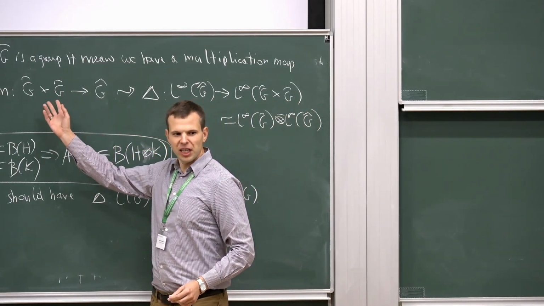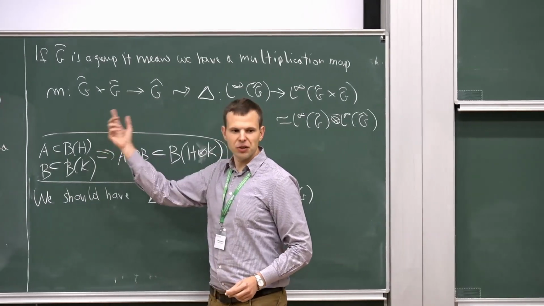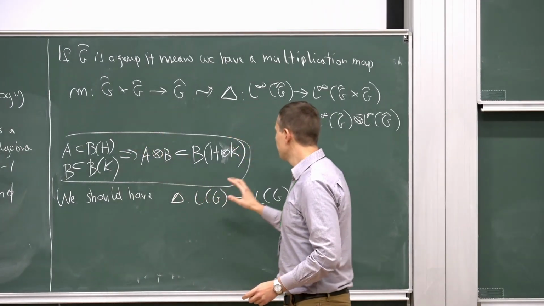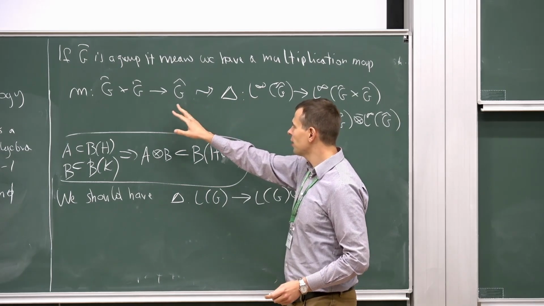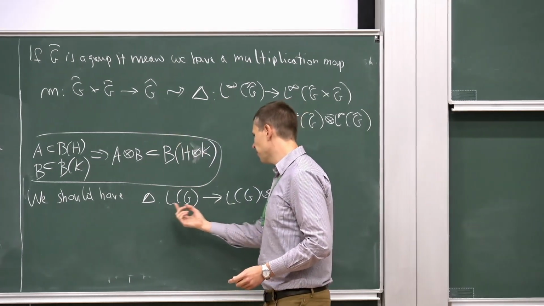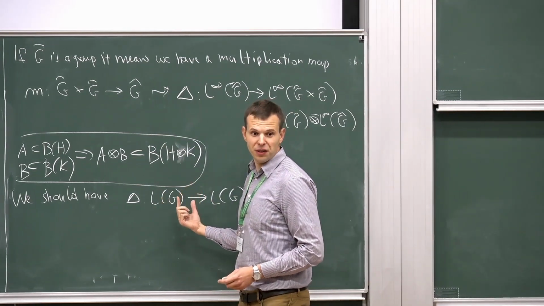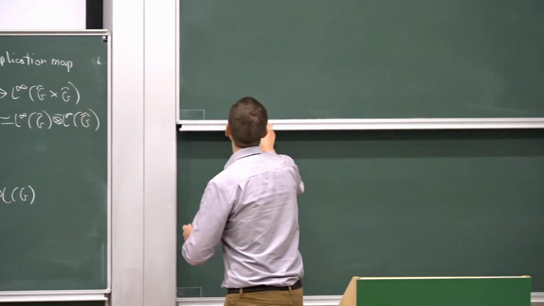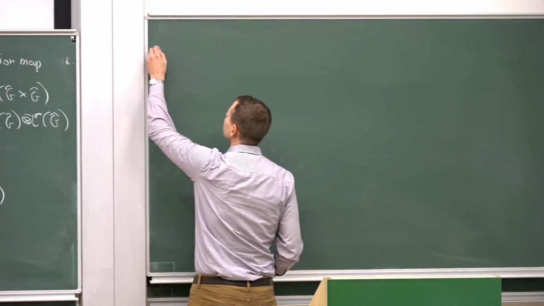It's not just any map from the product to G, it should be associative as well, right? Associativity of the group multiplication should correspond to a thing that we call co-associativity of the co-multiplication. And then I will have a cheat sheet of this definition here.